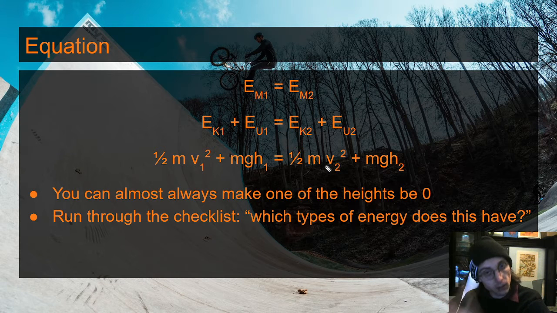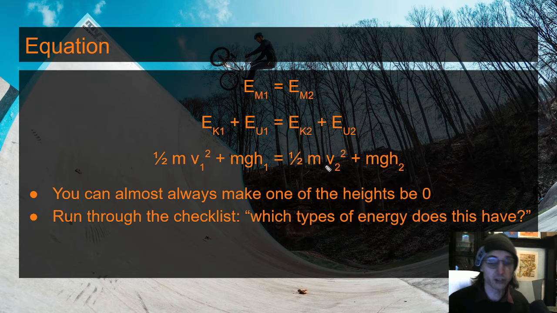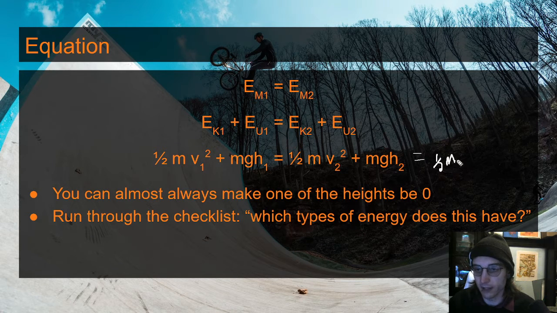So at this second location or third location or fourth location, is it moving? Is it off the ground? And for every one of those things where the answer is yes, you have to include the energy equation of that type. In particular, if there's a third location, these things will all be equal to each other, which means that you could have 1/2 mv3 squared plus mgh3.